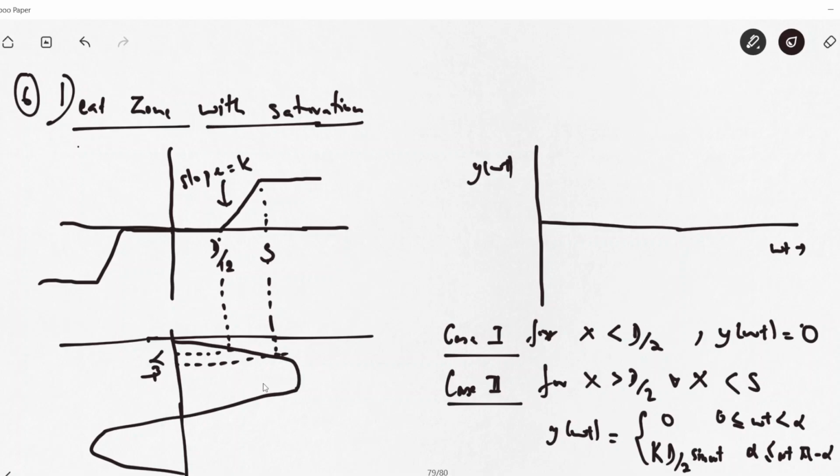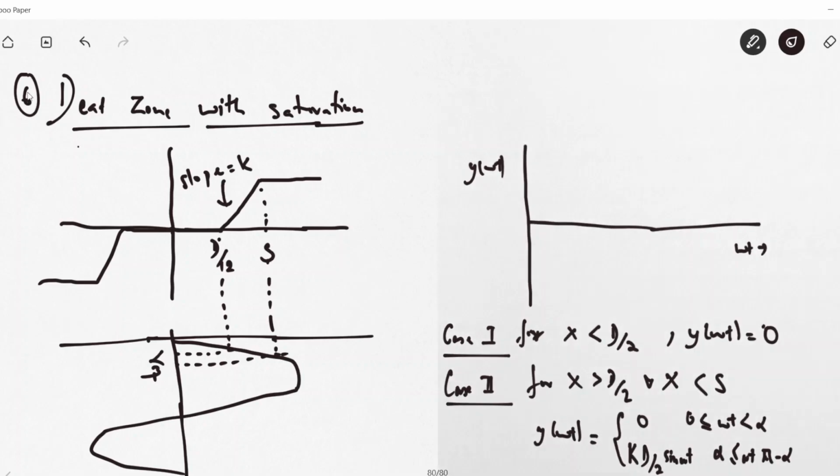There will be no beta in this case. And case 3, this case 2 is dead zone, that we have already done yesterday.